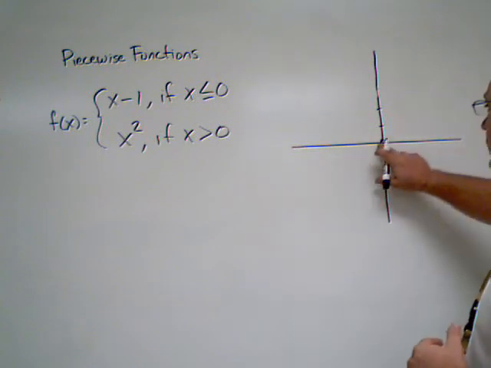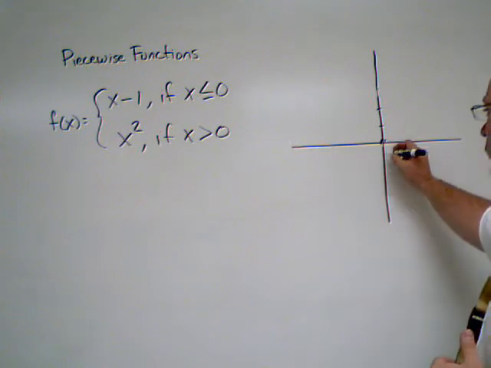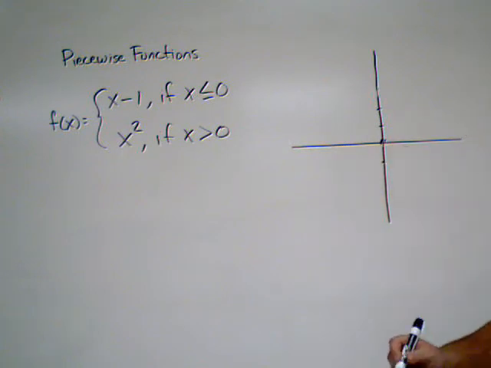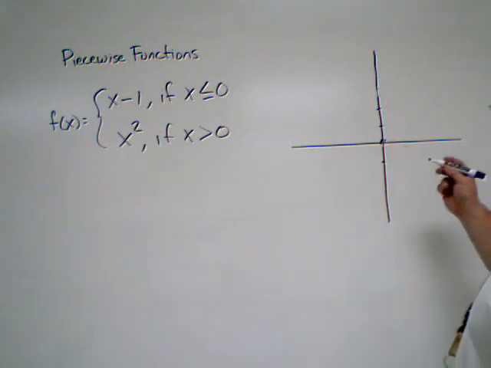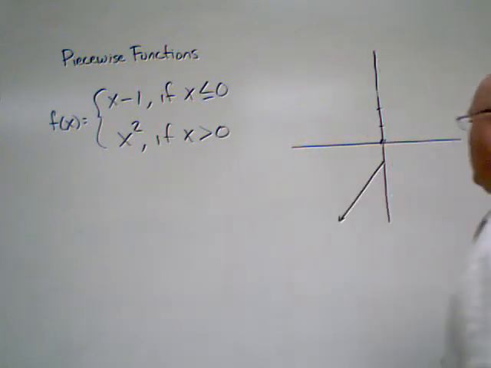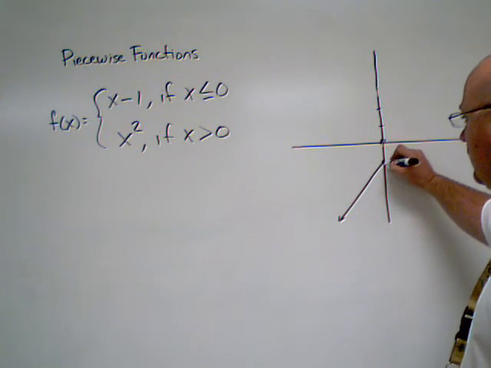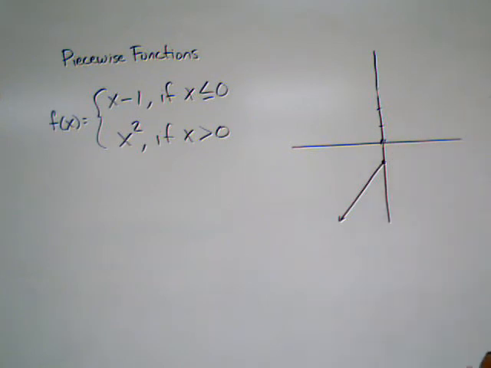So what I want is the linear function that has a y-intercept of -1 and has the same slope as the one we looked at before. So it's going to go like this because I want the side to the left of the origin. And again, in this part there is a dot there.